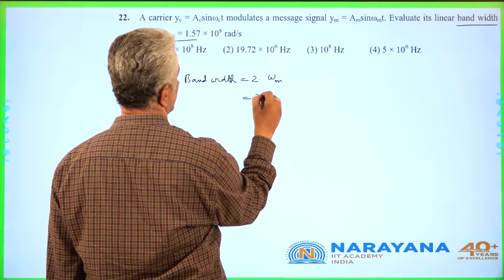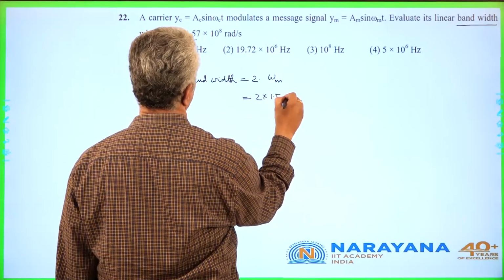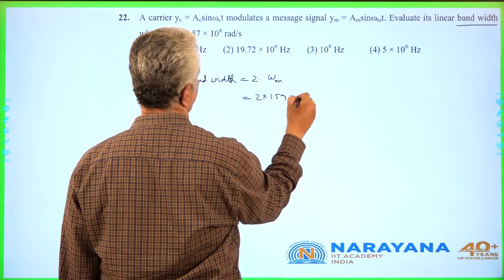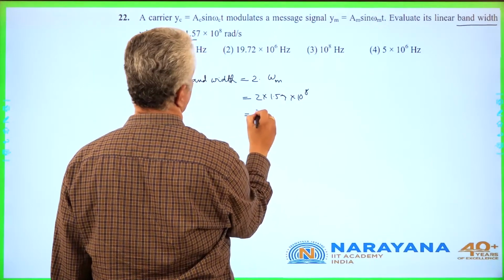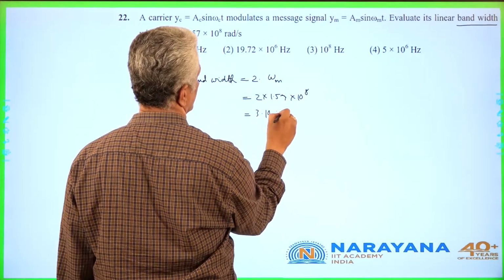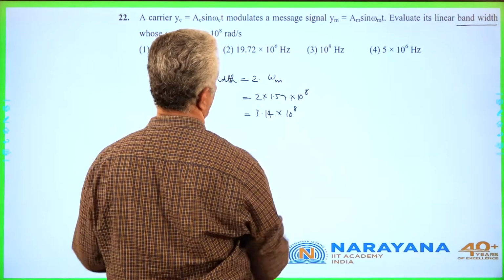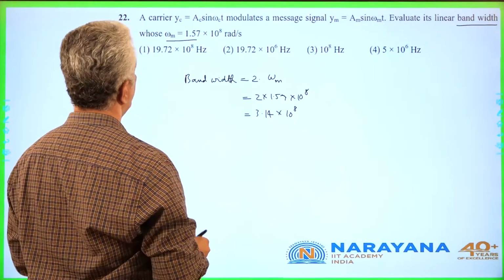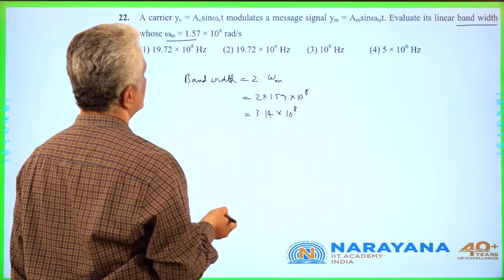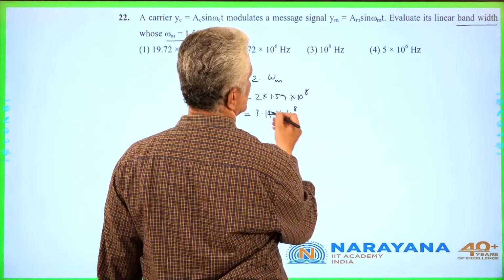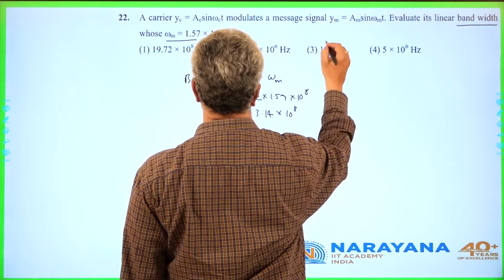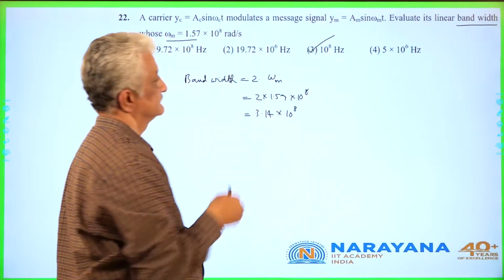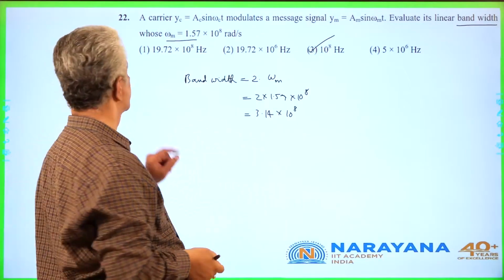That is 2 times 1.57 into 10 power 8, that is 3.14 into 10 power 8. It is nearly this, so directly we can go for 10 power 8. 10 power 8 is the correct answer for this. Number 22.